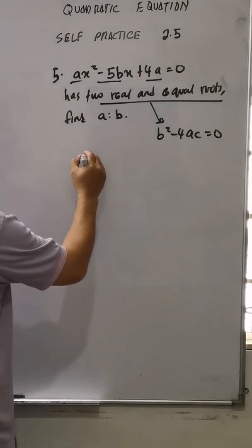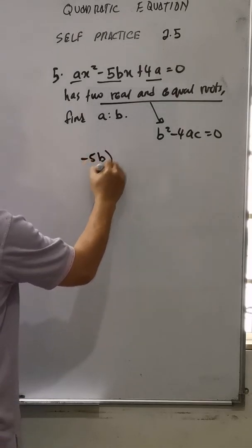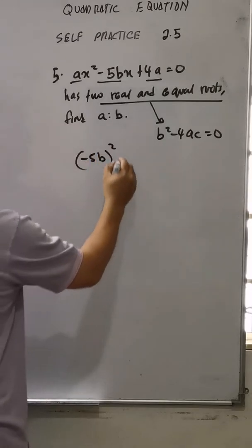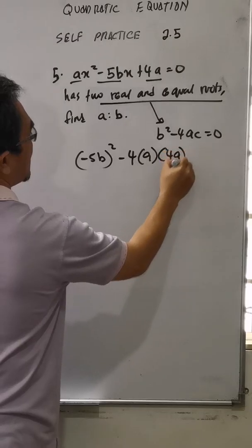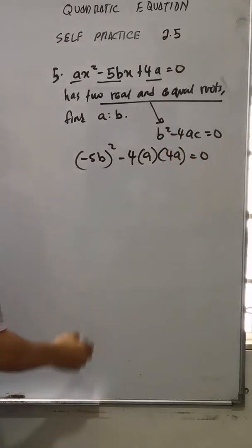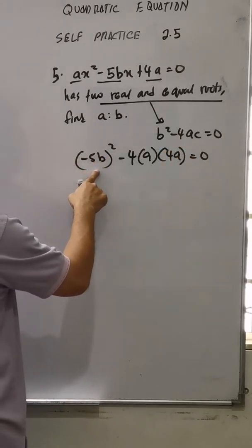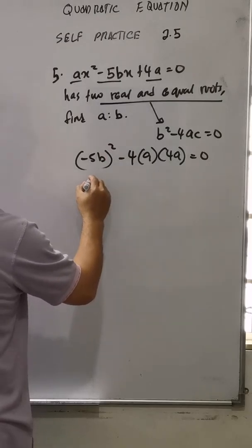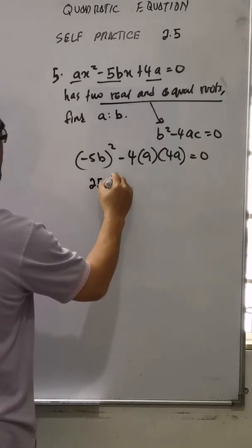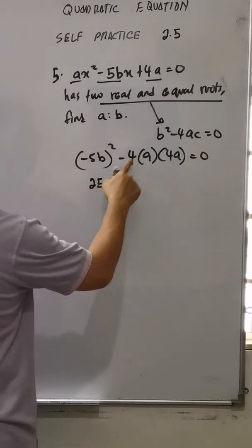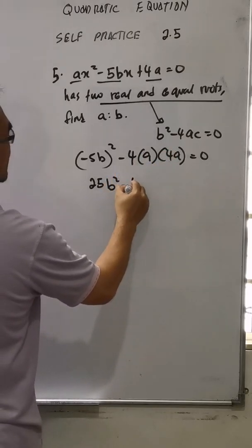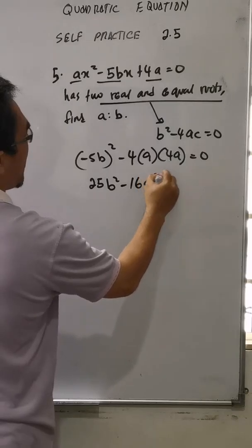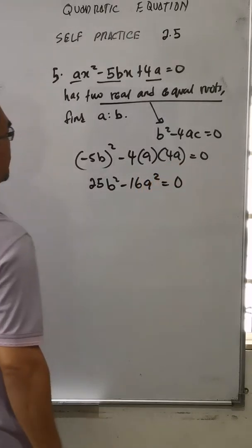So negative 5b squared minus 4ac equals 0. Negative 5b times negative 5b will be 25b squared. Negative 4 times a times 4a becomes negative 16a squared equals 0.